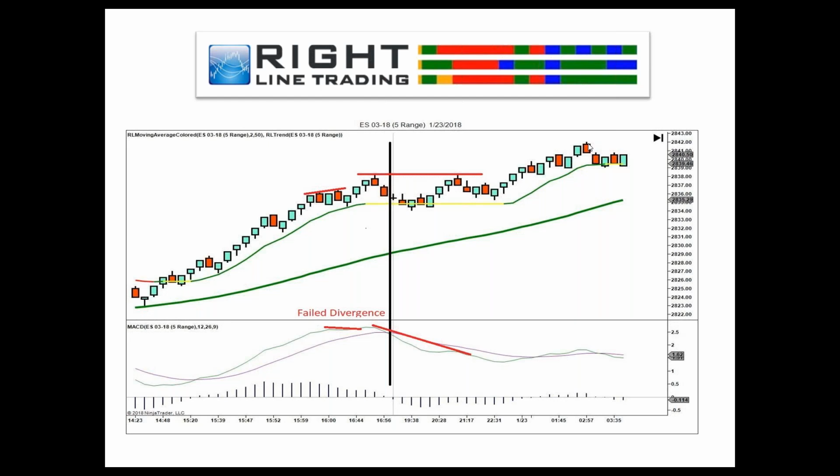Now we looked at stochastic divergence and MACD divergence in order to determine if they have any predictive value on your trading chart or on higher time frames. What we found was that MACD divergence fails so often that it is better off being ignored than even being used as a warning signal to have you stand aside on a trade.